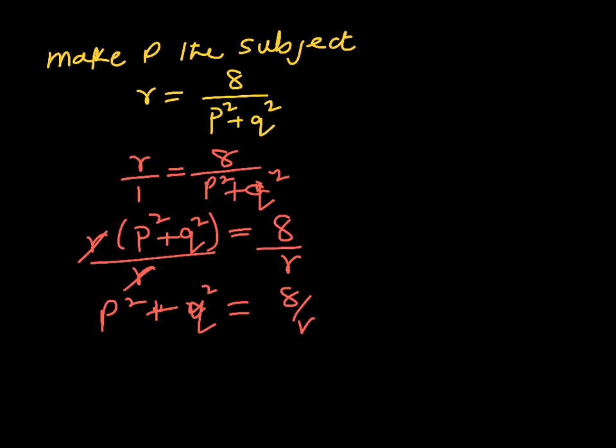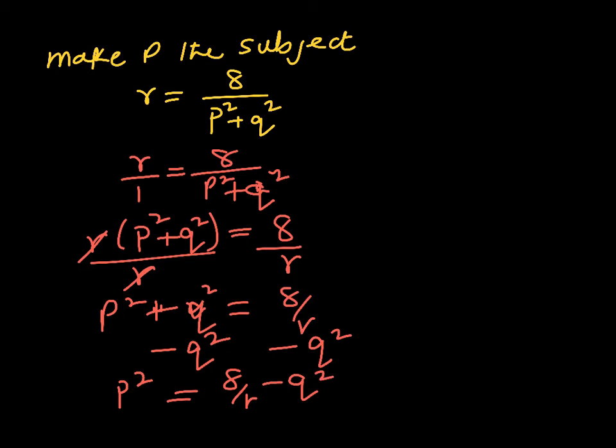Now we have an addition here. To eliminate the addition, we subtract Q squared on this side and we subtract Q squared on the other side as well. That leaves us with P squared is equal to 8 over R minus Q squared. Now we are close, we're not there yet.